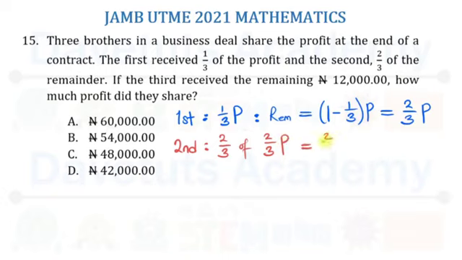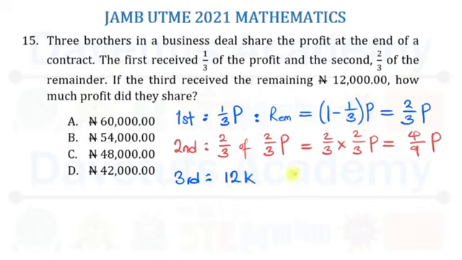So that is 2/3 times 2/3P, and that is nothing but 4/9P. Okay, and then if the third received the remaining 12,000, what is the fraction of the third? Now they want to trace it for us to say he received 12,000. Well, I can say 12,000, and looking at my options, I'm saying 1,000. For me, I love to do short, and I will just say this is 12K.